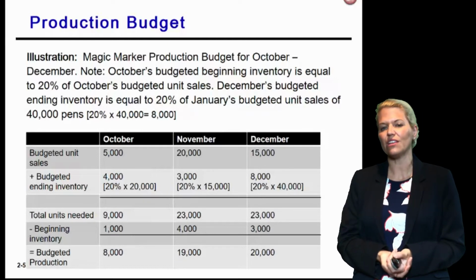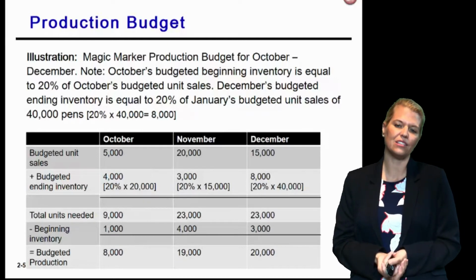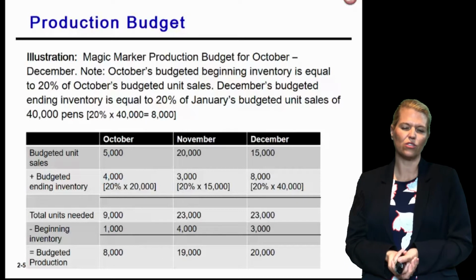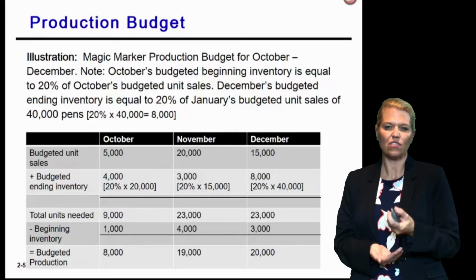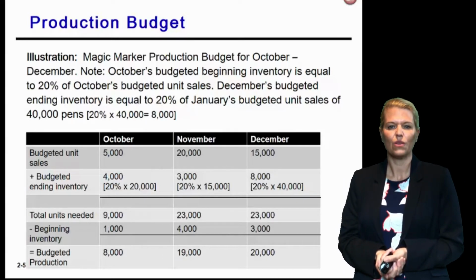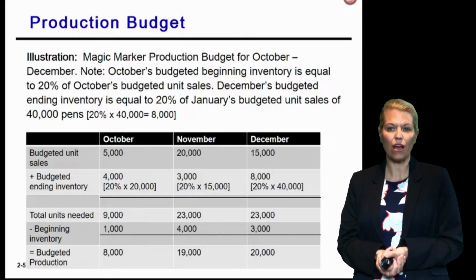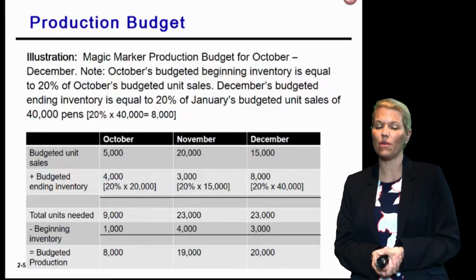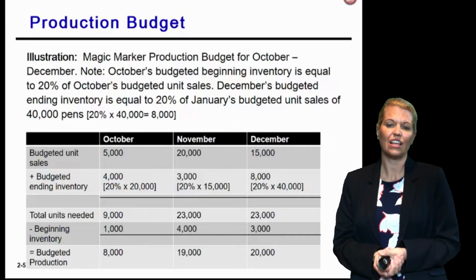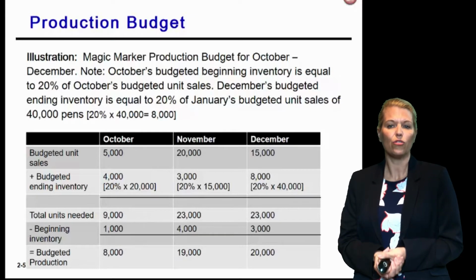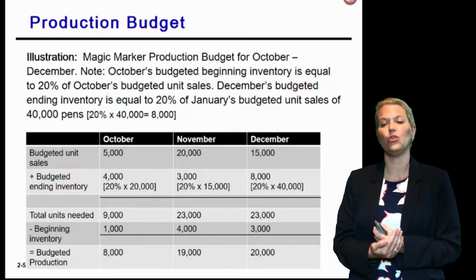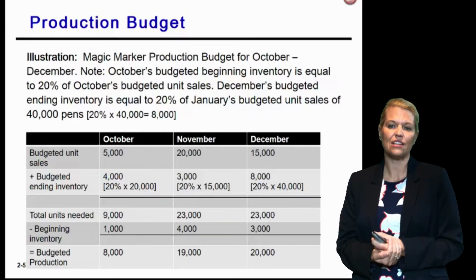So now we can say, right, for October, November, and December, what is the total units we need? It's our sales units of 5,000 plus our budgeted ending inventory of 4,000, which is 20% of the next month's budgeted sales, gives us 9,000. For November, we add also the units we plan to sell, plus that 3,000.